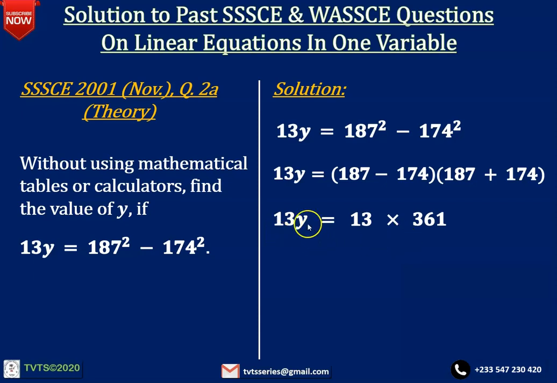Dividing both sides by 13, we have y to be equal to 13 times 361 all over 13. 13 gets rid of 13. Therefore, y is equal to 361.